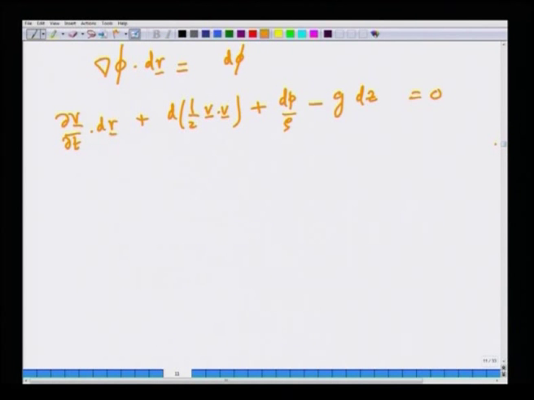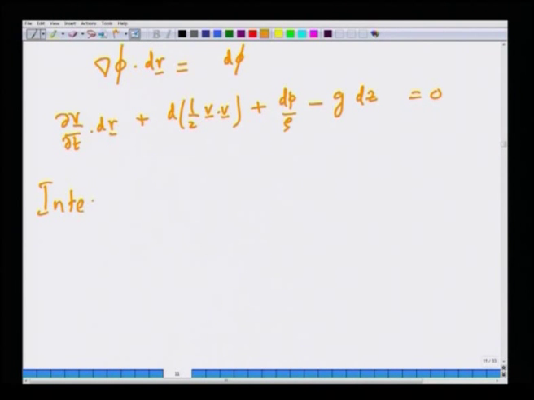Now, I am going to integrate between any 2 points. This is a differential relation that is valid only for a very small displacement vector dr, but I am free to integrate between any 2 points along a streamline.